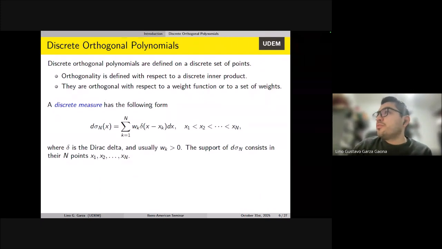They are orthogonal with respect to some weight function or a set of weights. The discrete measure is given in this way, where these are the points that belong to the support of the measure. Delta here is the Dirac delta, and usually these weights are positive. So the support of this measure will be exactly these capital N points.